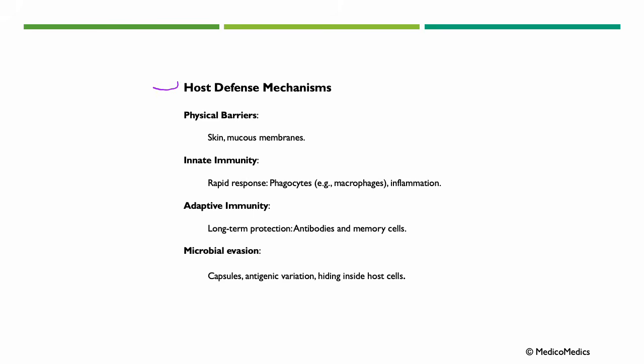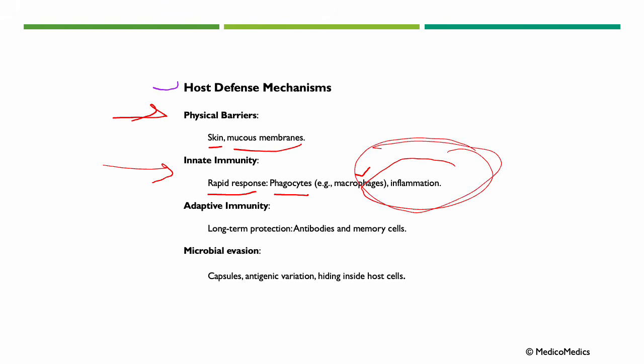What are the host defense mechanisms? We mentioned this in the previous lecture, but just for the sake of brief repetition, let's go through them again. So we have physical barriers like our skin or mucous membranes. We have enzymes that help in breaking down and repelling pathogens, our skin, for example. We have innate immunity, which is our rapid response. So we have phagocytes like macrophages or neutrophils, and these then produce inflammation, leading to the containment of the invasion and also promoting healing.